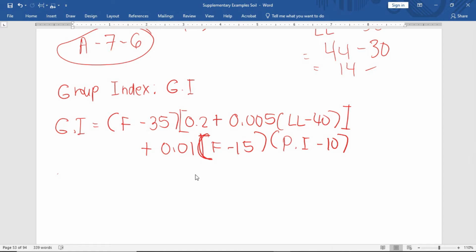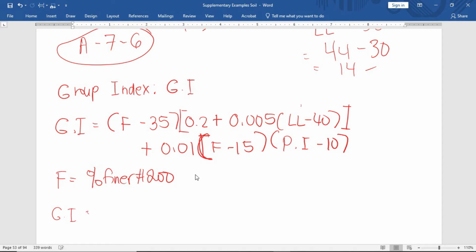Ngayon, ano yung F, sir? Yung F is percent finer of number 200. Ilan ba yung percent finer ng number 200 natin?